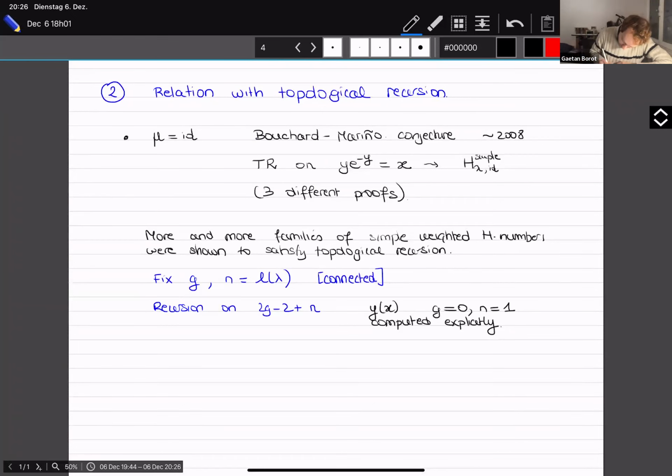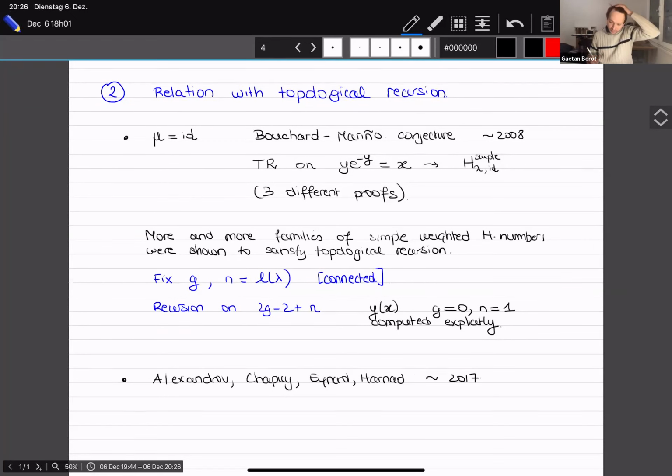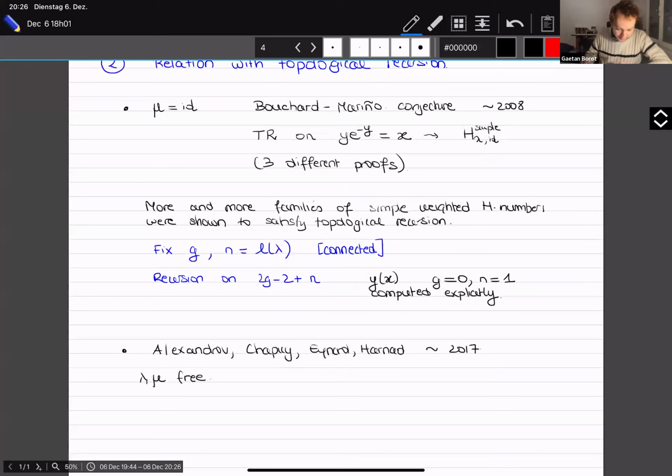Then there was a series of work by Alexandrov, so by John, with Alexandrov, Chapuy, and Hénard, who I think were the first to tackle this problem, but to try with double Hurwitz numbers. And here there's a nice idea, because now you have two sets of parameters. So what do you recurse on? They desymmetrize the treatment of the 2 points.